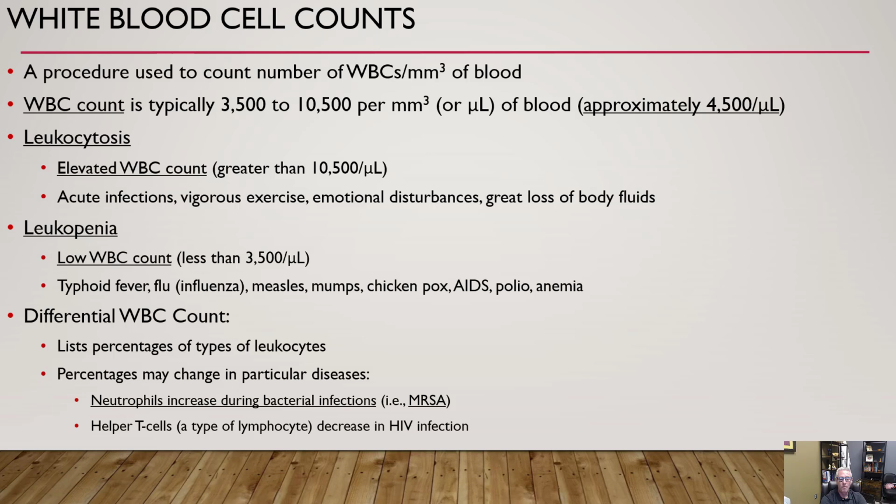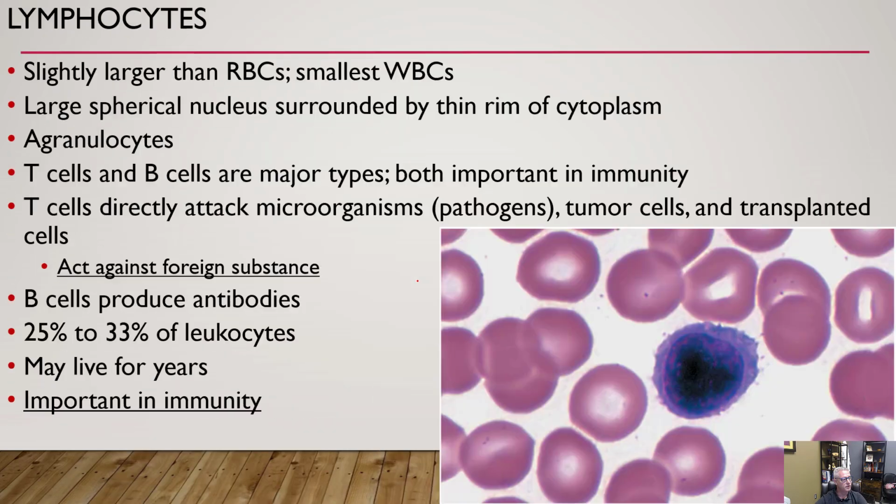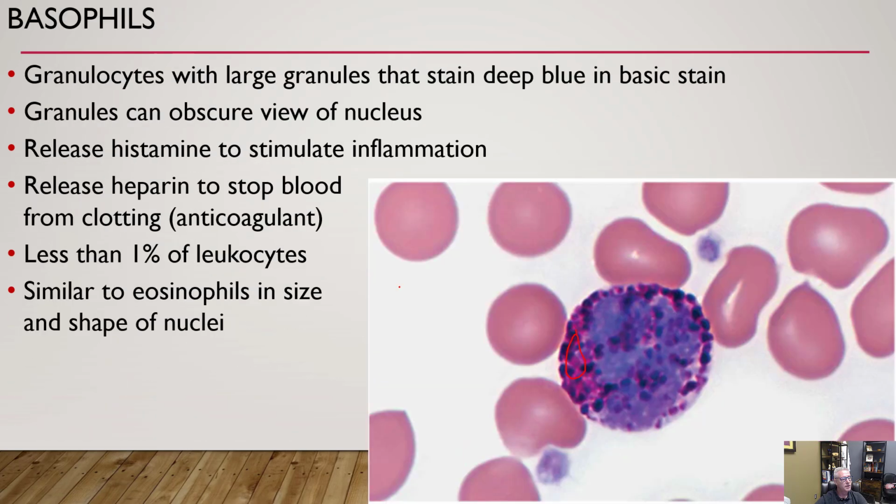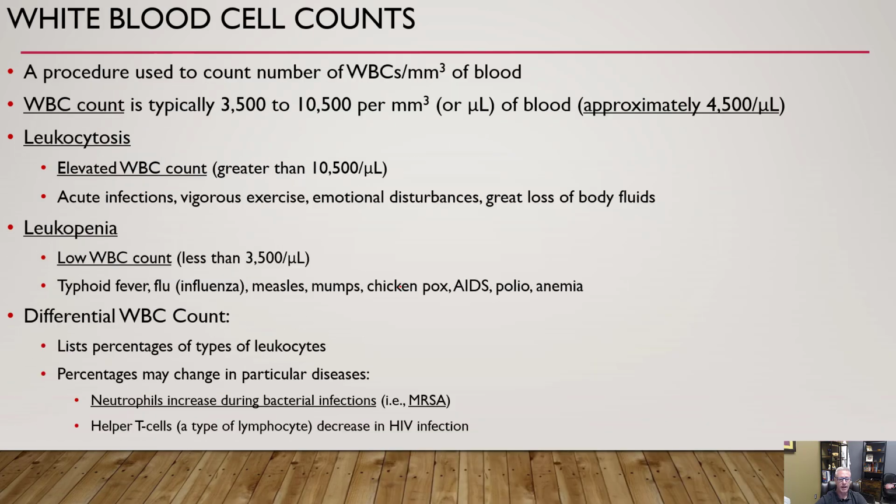You have to know, so we do a differential. We look at the neutrophils, the basophils, the eosinophils to help determine what's going on inside our body. And so we look at those previous slides of what's going on to help guide our diagnosis.